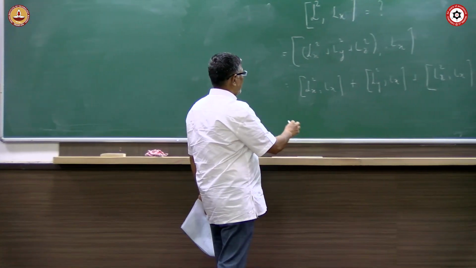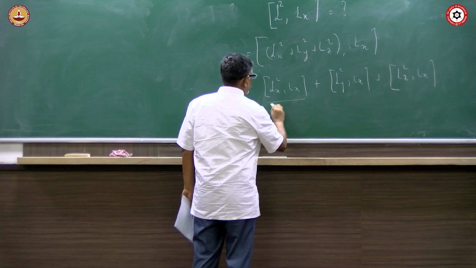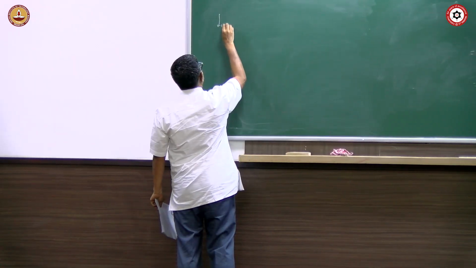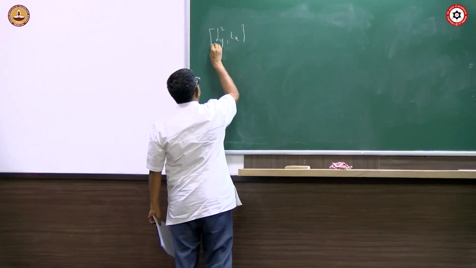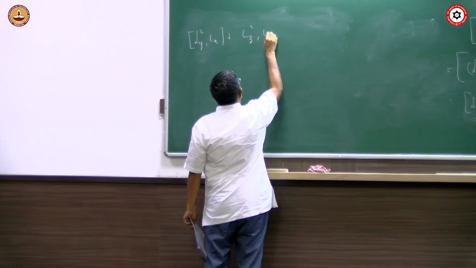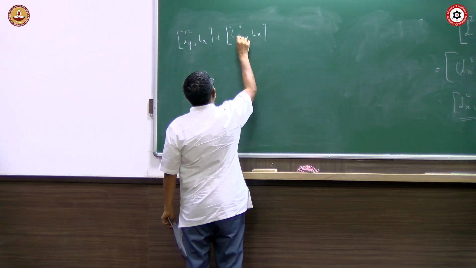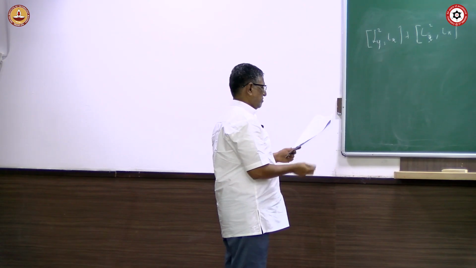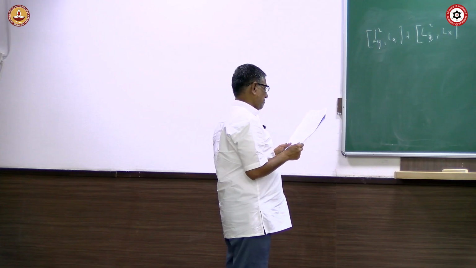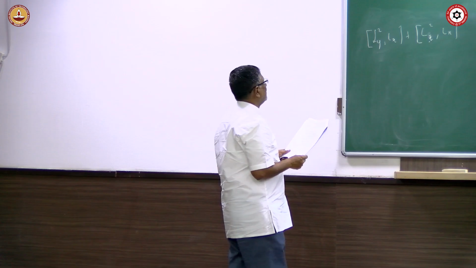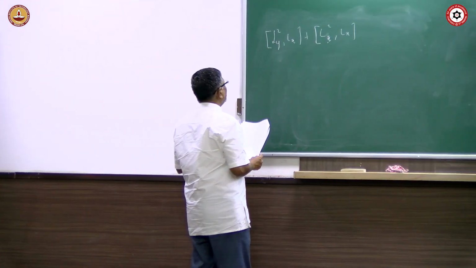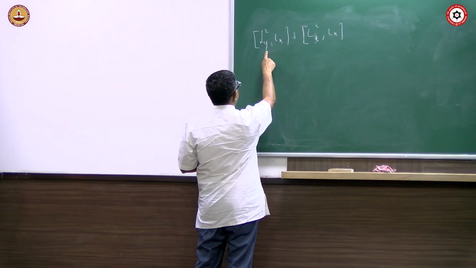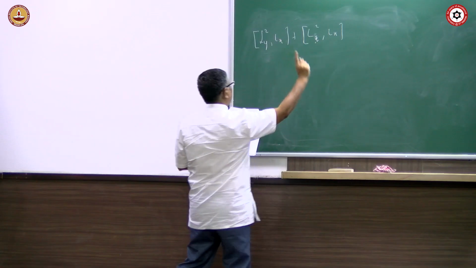You are familiar already. This term is 0. Therefore, you will have Ly square comma Lx plus Lz square comma Lx. Now use the general formula here, the AB comma C formula.